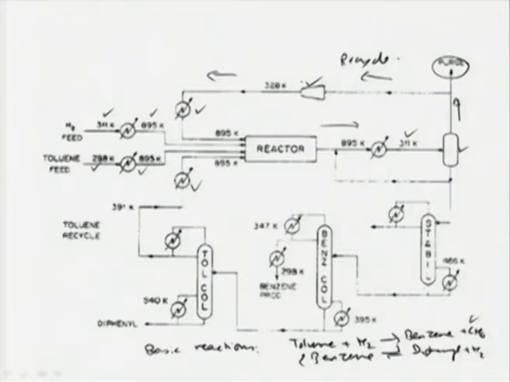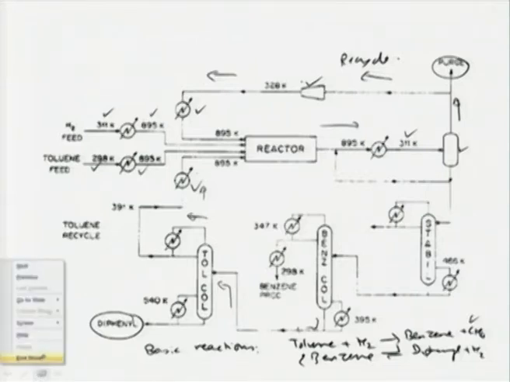The liquid that comes out of the stabilizer column is admitted into the benzene column, where benzene is taken out as the main product, as a distillate, and the bottoms contain the unreacted toluene and diphenyl, and that stream is further admitted into the toluene column, where the unreacted reactant toluene is taken out and diphenyl, which is the reversible byproduct, is removed as the bottoms, and then this toluene is recycled back to the reactor after heating.